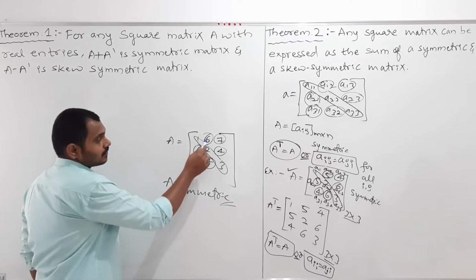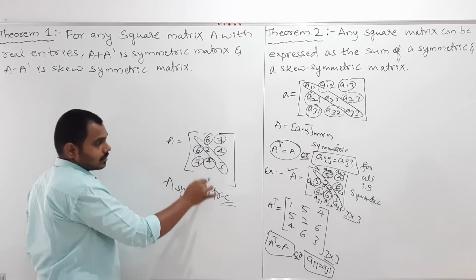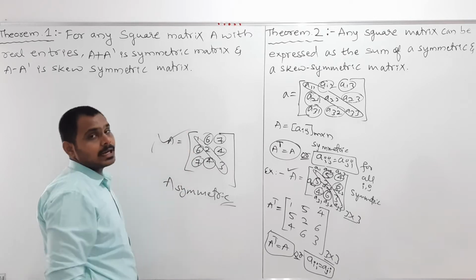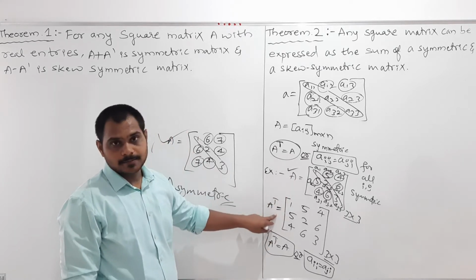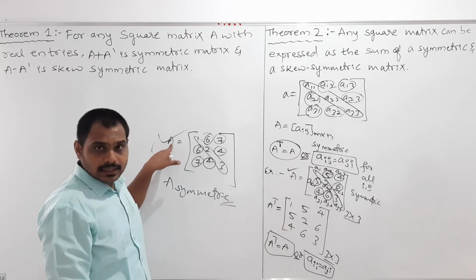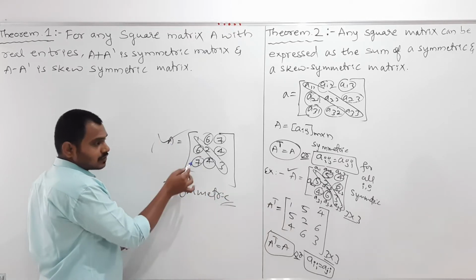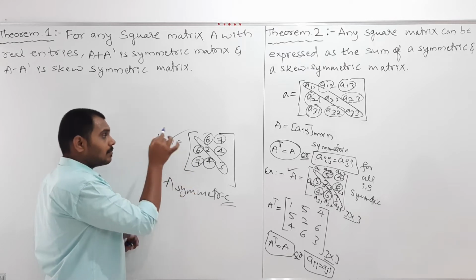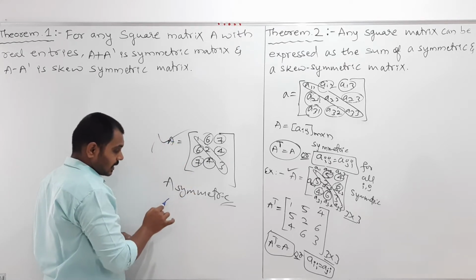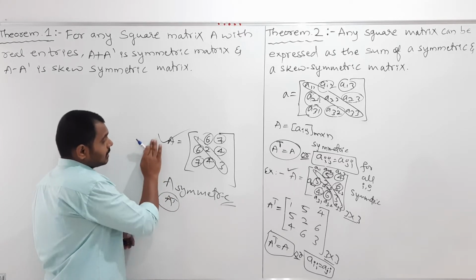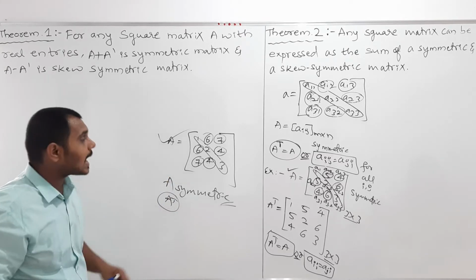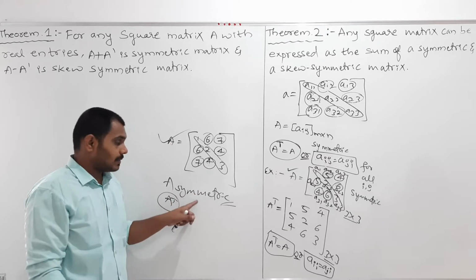So my dear students, if these elements are equal, then you can say that A is symmetric without writing the transpose of this matrix. Here I didn't write the transpose. Clear? I am not even discussing A transpose, but still I am telling that this matrix A is a symmetric matrix.